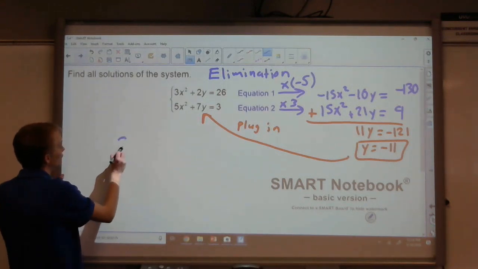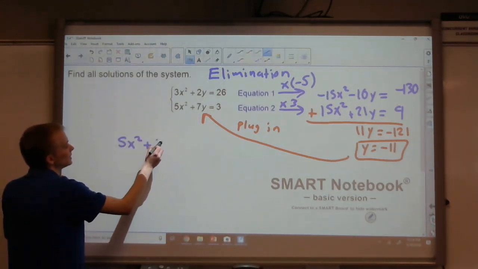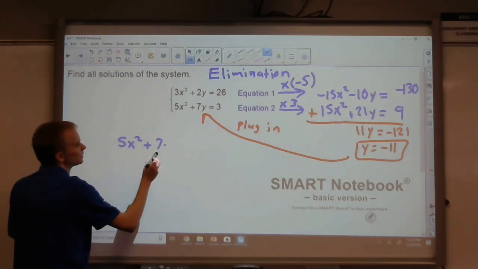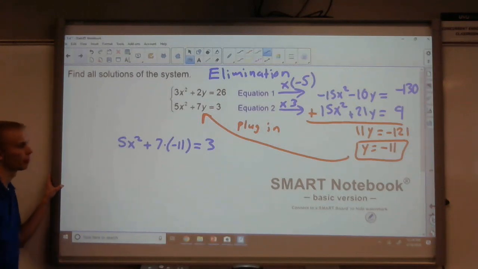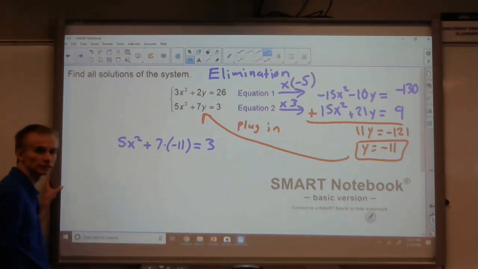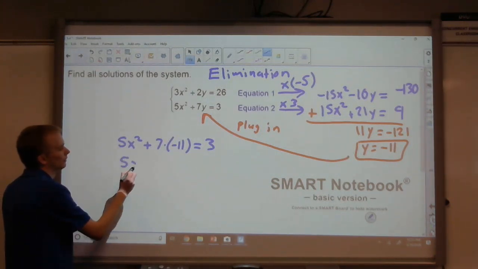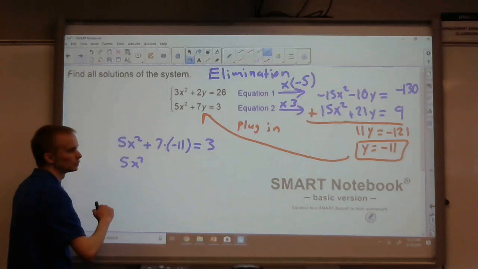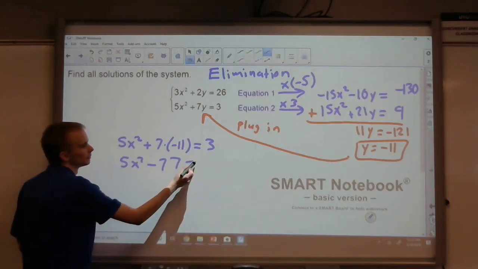So I get 5x squared plus 7 times -11, this is 3. Okay? So now I just solved this equation for x. So I get 5x squared, 7 times negative 11 is negative 77.